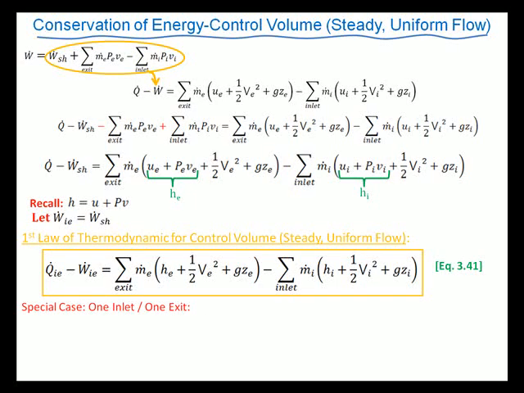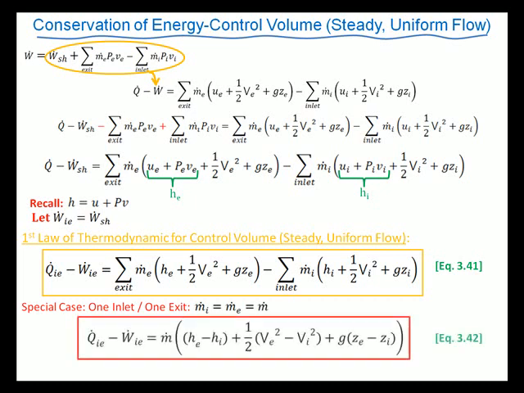So the mass flow rate in and the mass flow rate out are equal, and I can just call that the mass flow rate. I'm going to pull that out, and we get rid of the summations because there's only one inlet and one exit. We group like terms, and we get this equation for the first law of thermodynamics for a control volume undergoing steady uniform flow with one inlet, one exit. So very specific usage for this equation.